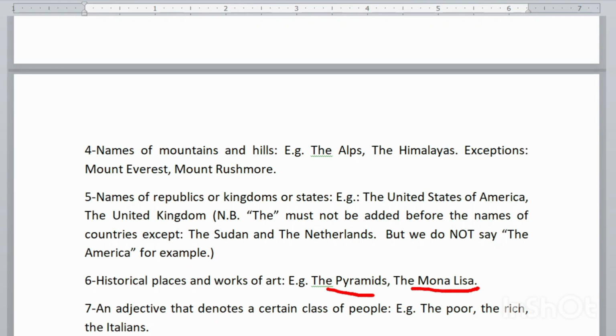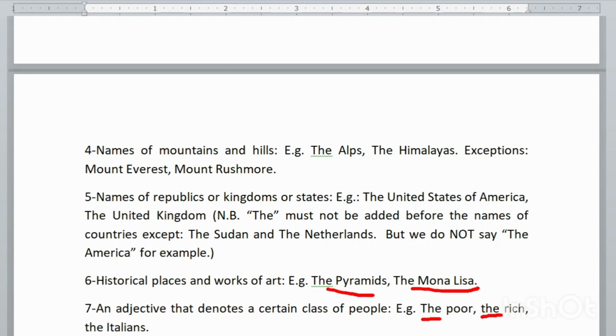Next is rule 7: an adjective that denotes a certain class of people. For example, the poor, the rich, the Italians. So we use such kinds of adjectives, the poor, the rich. Likewise, we can use it.